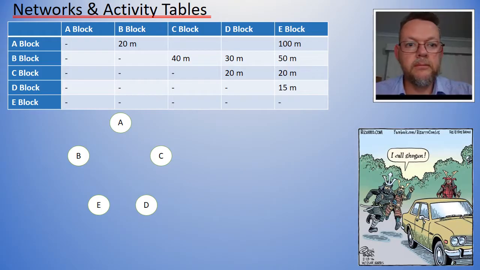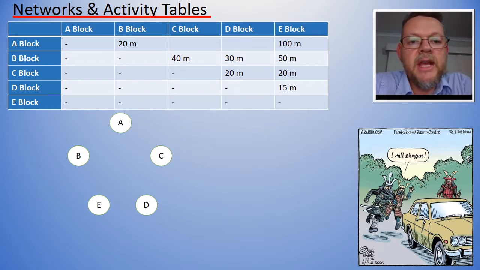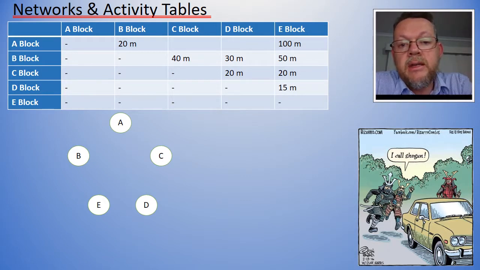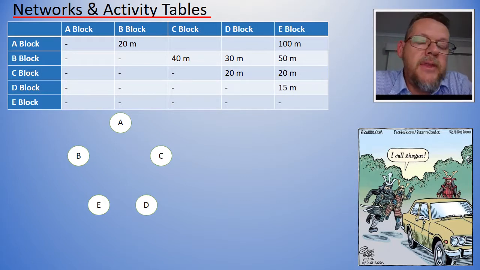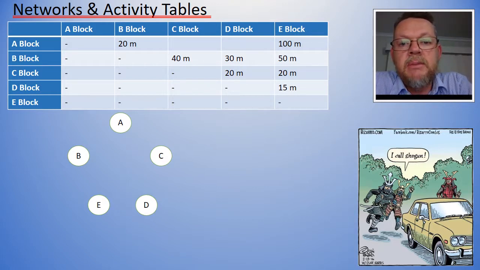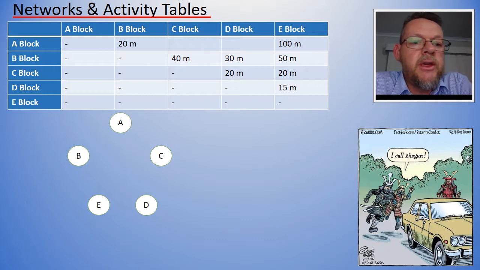The next activity we will come across is that of an activity table. So an activity table is just a list of activities, I suppose. And in this activity table, I've drawn an imaginary school, and I've said, well, we've got A, B, C, D and E block. And I've drawn the distances from each of these blocks from each other.